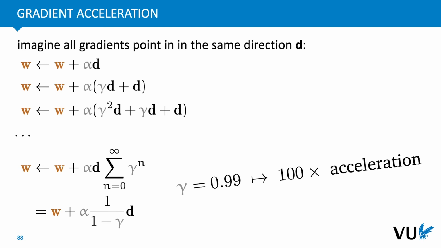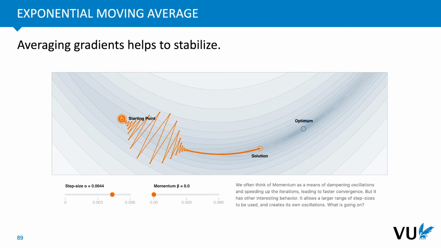Our final view of momentum is that of an exponential moving average. To see why that might be useful, first note that averaging gradients helps to stabilize the progress of gradient descent. What we see here is the kind of oscillation that's really harmful.